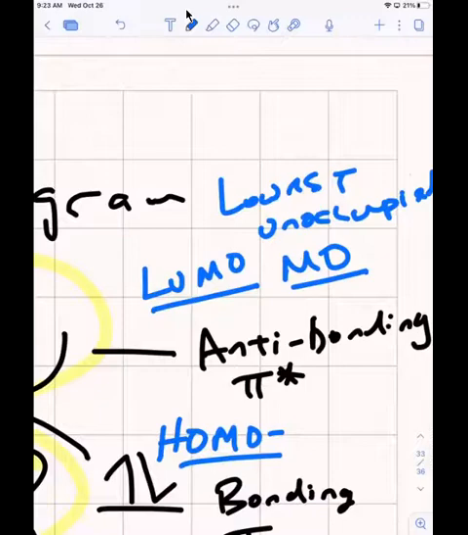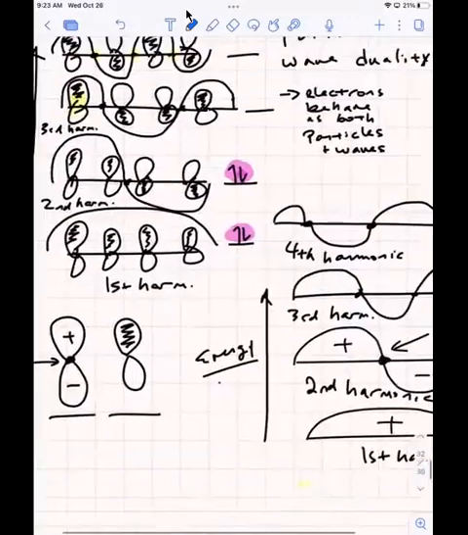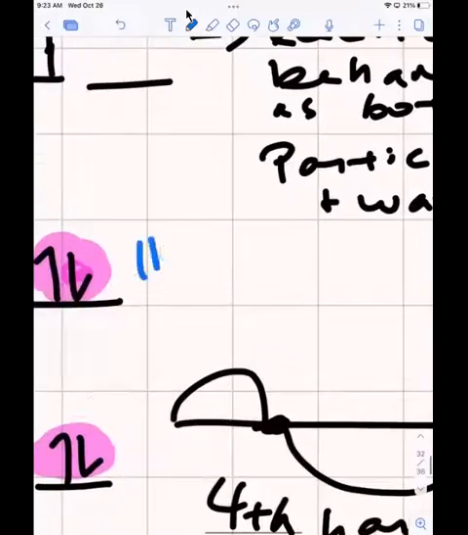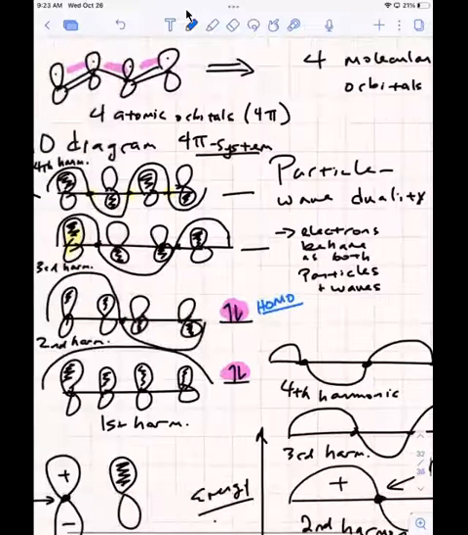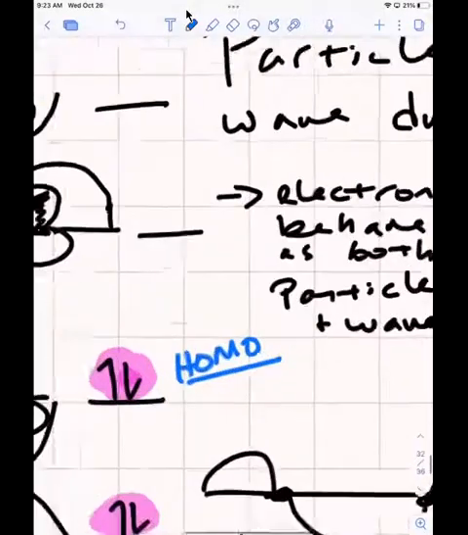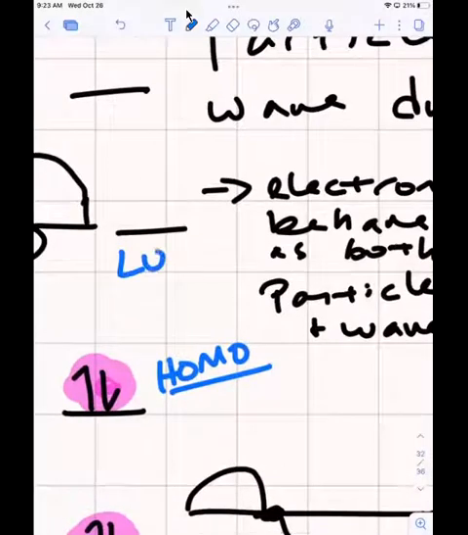So if we go back up to the 4-pi system, this is the HOMO because it's the highest in energy. It's occupied, meaning it has electrons, and it's the highest, so it's the highest occupied molecular orbital. And then right above it would be the LUMO.